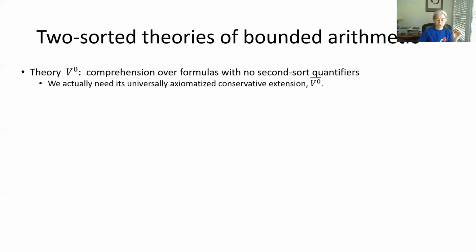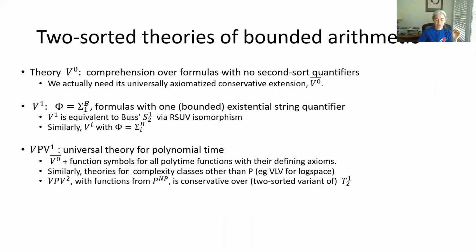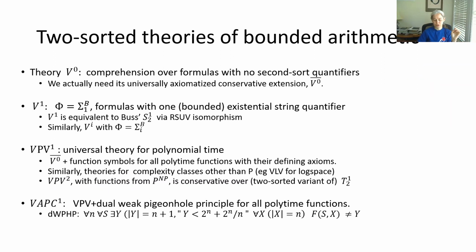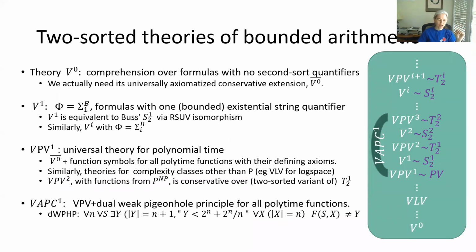And the main series that we will be using are the very basic theory that only captures things computable by bounded depth circuits, which cannot even do parity. We also look at the theory V1, which corresponds to Buss's S^1_2.